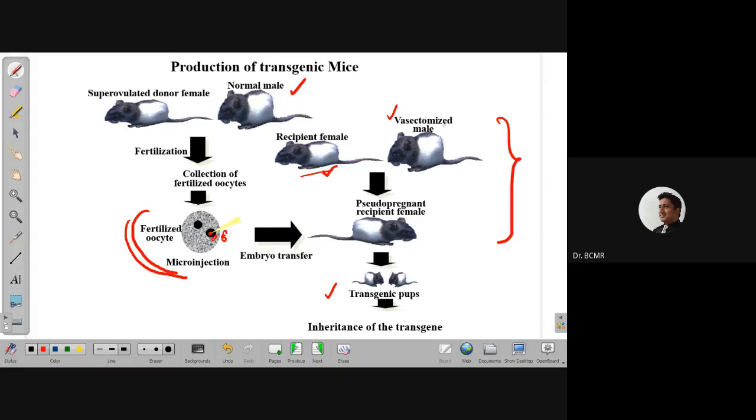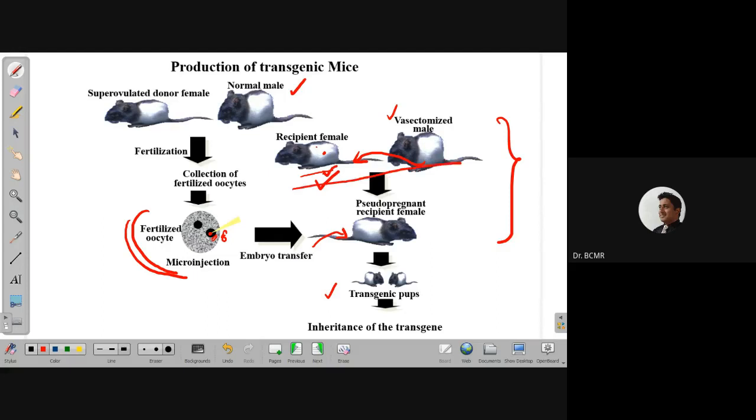So why vasectomized? We don't want any sperm to go into the female. All we need is for the female to experience the mating, so that she will get physiologically prepared. The physiology of the female changes, and she will start producing hormones and other things required for holding on to any implanted embryo, right?